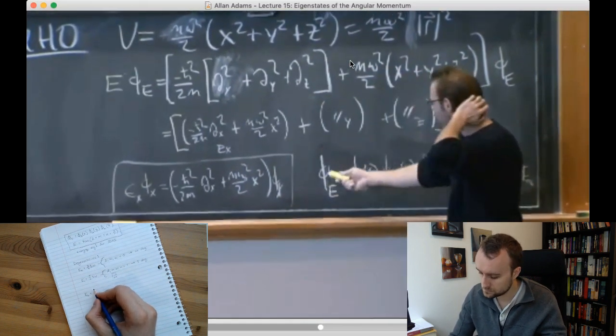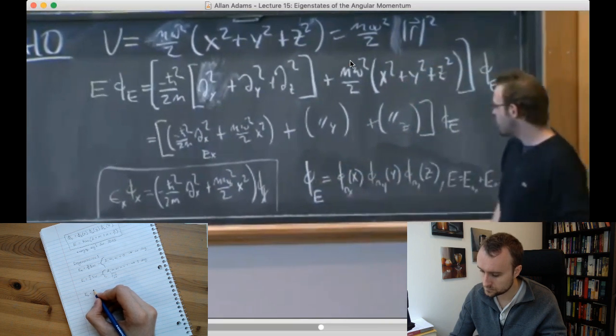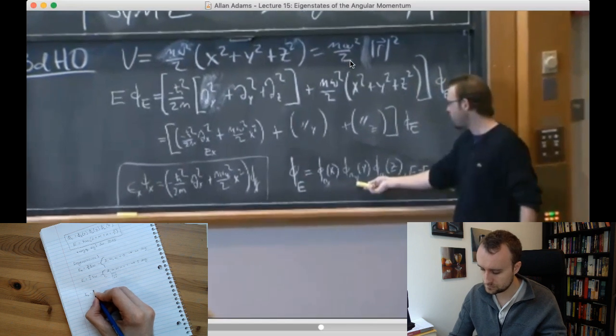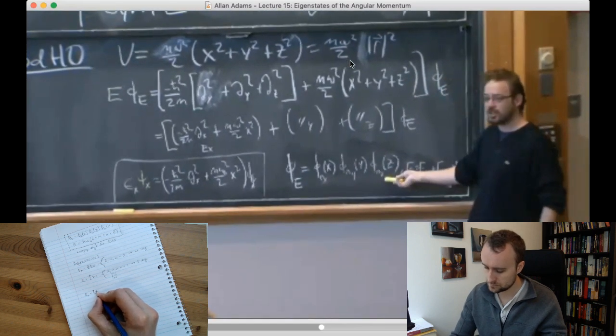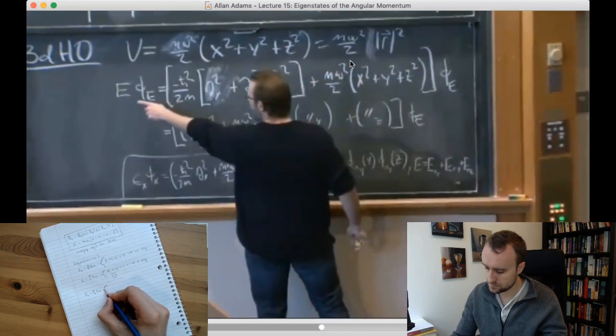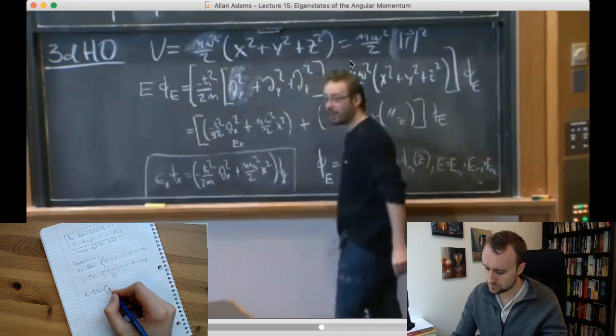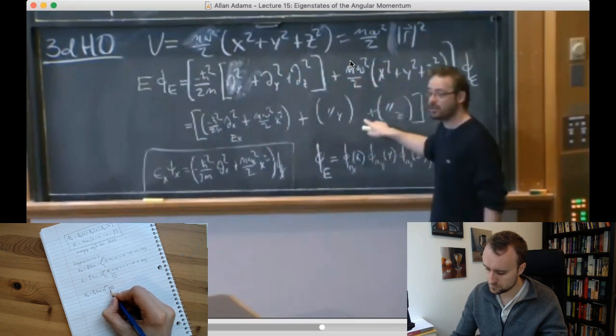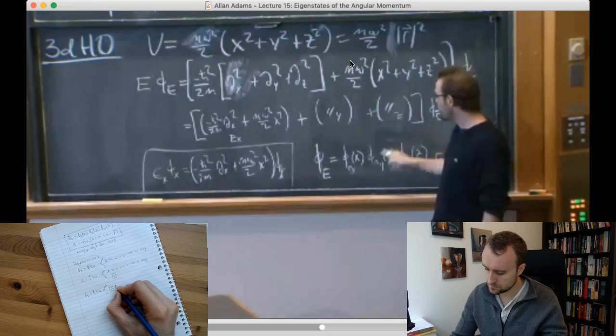And so I can just take my 3D wave function in the separated form, the product of a 1D wave function in x, a 1D wave function in y, and a 1D wave function in z. Cool? So now let's think about what happens when I take the 3D energy operator, which is the sum of the three 1D harmonic oscillator energy operators, and act on this.